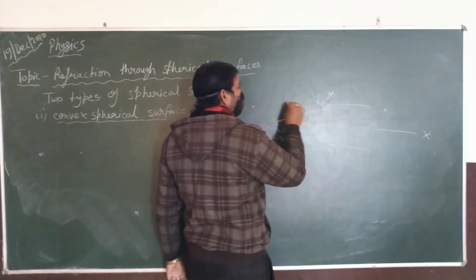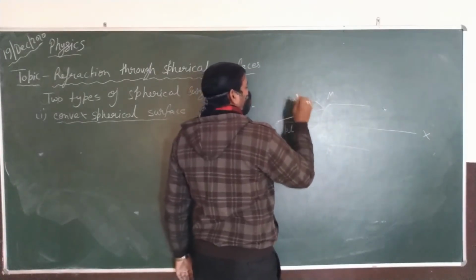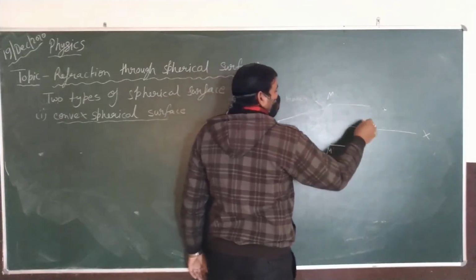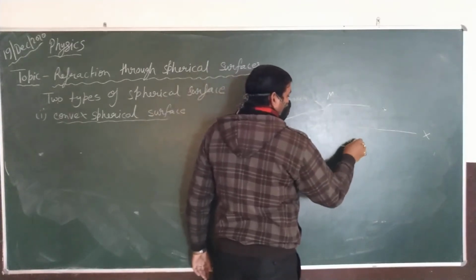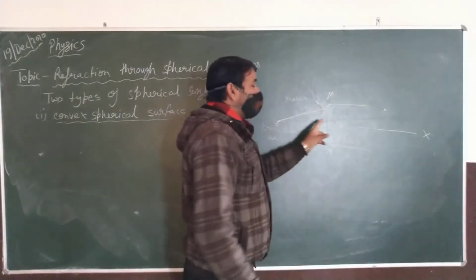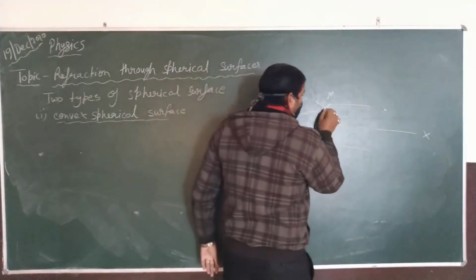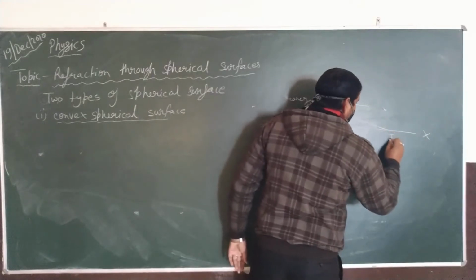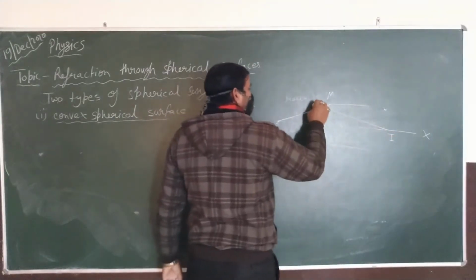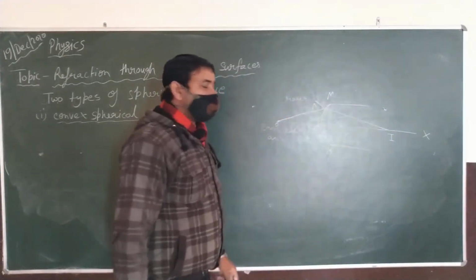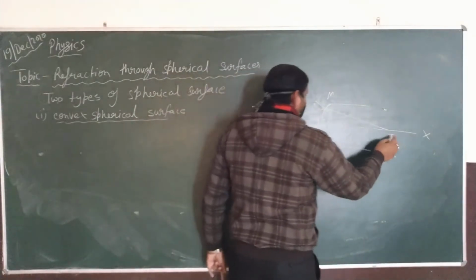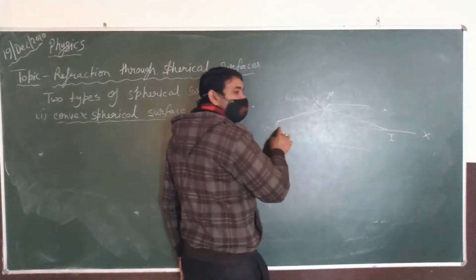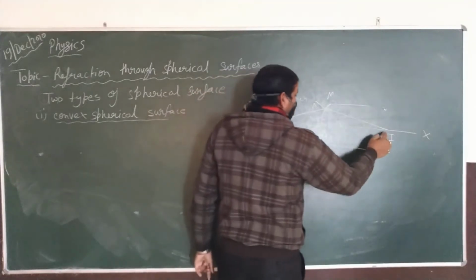Because it is traveling from rarer medium to denser medium, it bends towards the normal and travels in the direction of I. Let's say this point is A. Now this is the image of object O at I.